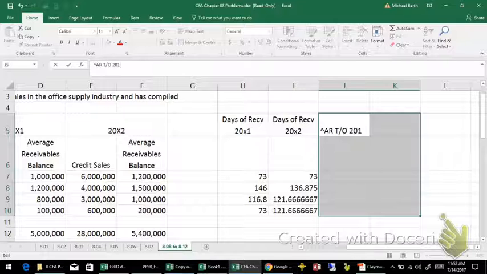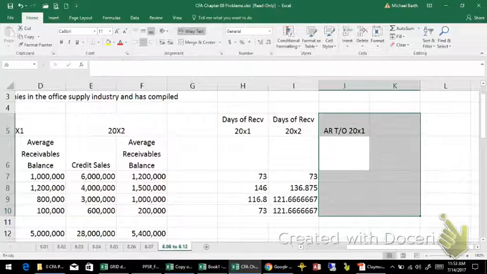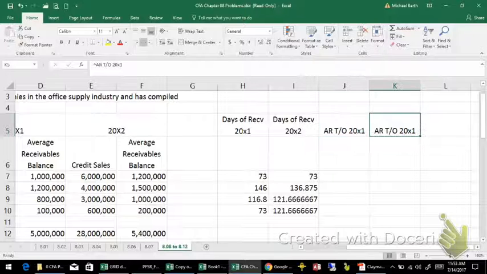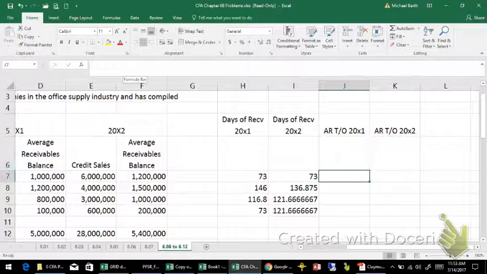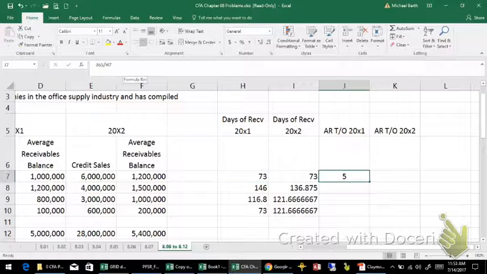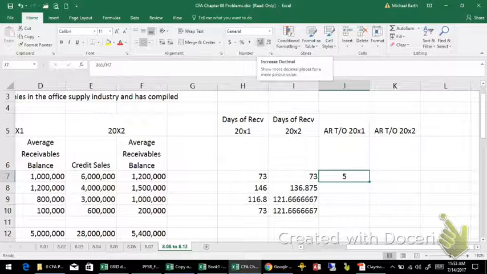But since I've already done the calculation here, you can compute that directly from the days of receivables. Just take 365 divided by days of receivables, and that will give you the turnover.